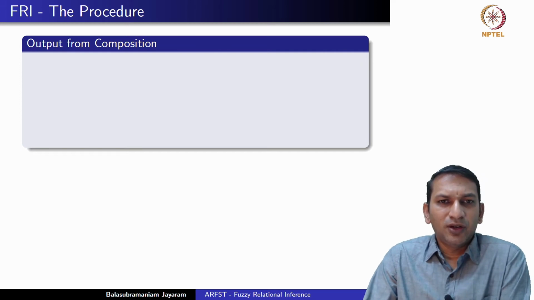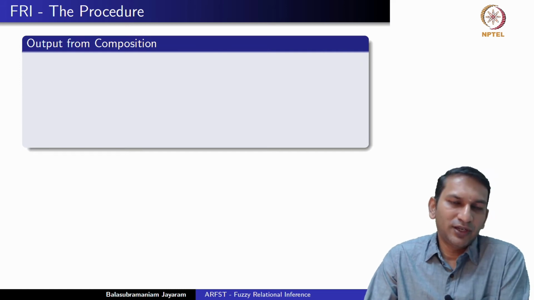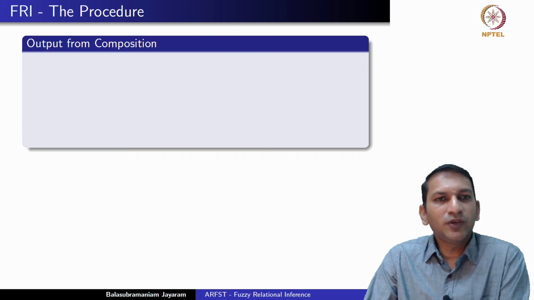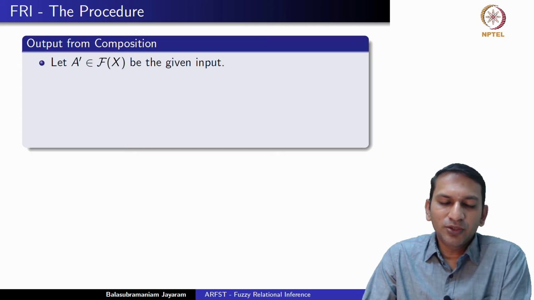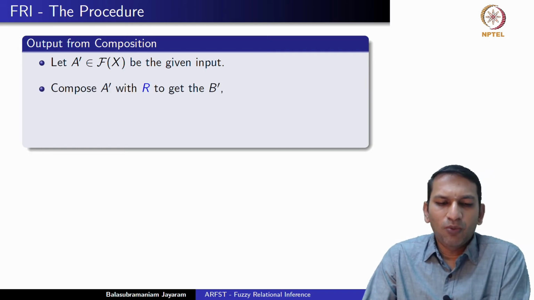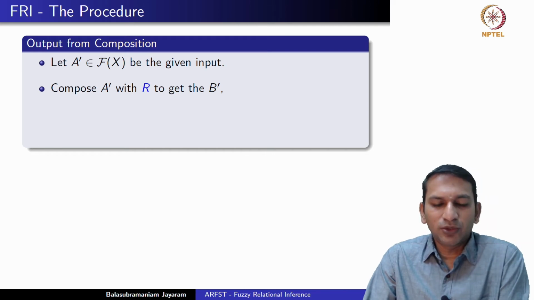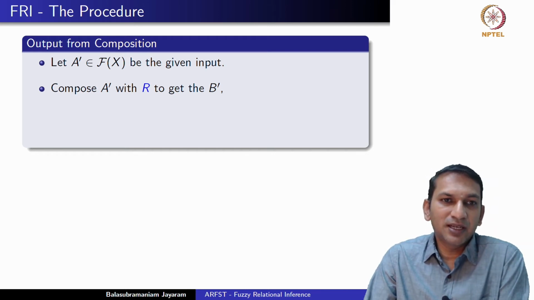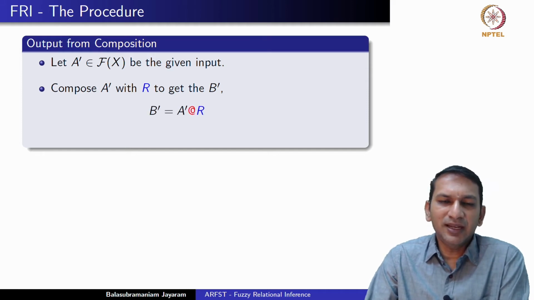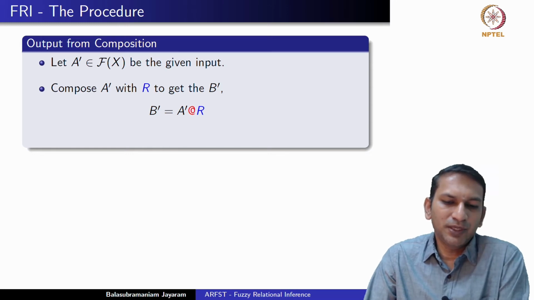Next, we hold this knowledge in the form of a relation, and given an input, how do we get the output? Let's assume that A' is in fact a fuzzy set on X. Let this be the given input. What we do is, we have this A', we compose it with the rule which is represented as a relation R to get the B'. That means B' is A' composed with R. Some kind of composition operation is being made use of.